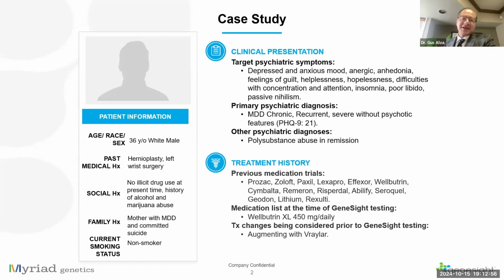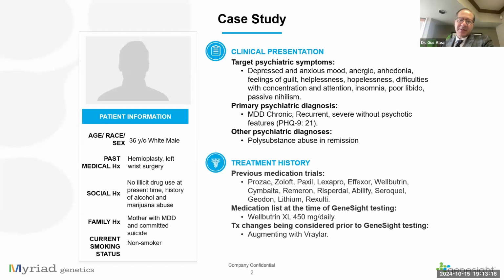Excellent. Well, thank you so much. Again, a really wonderful opportunity for us to take a look at real case examples, right? So this would be one such patient, a 36-year-old Caucasian gentleman who had a family history of major depressive disorder.